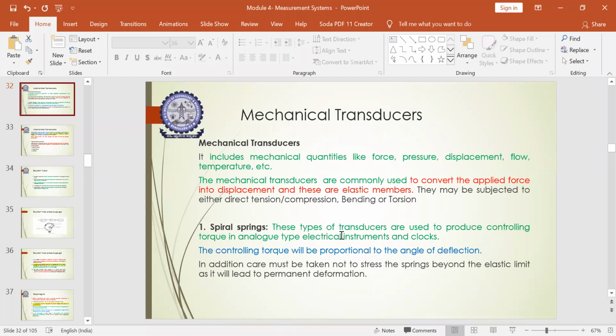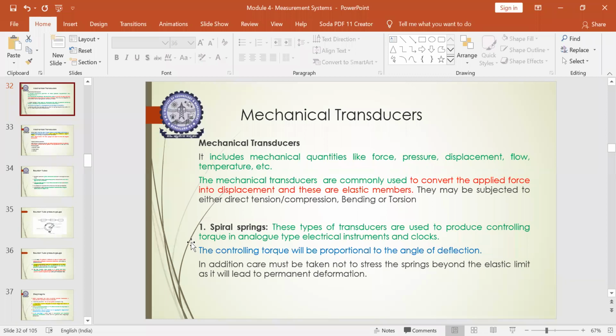In analog type electrical instruments and clocks, we use this type of spiral spring transducers, which helps in producing the required torque, so the movements in the clock can be displayed as per the rotation needed.